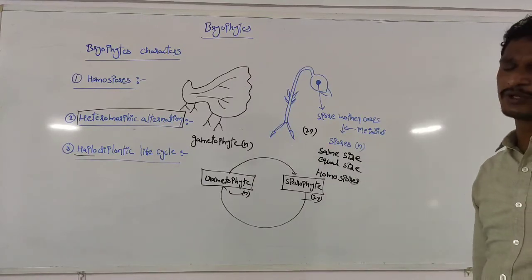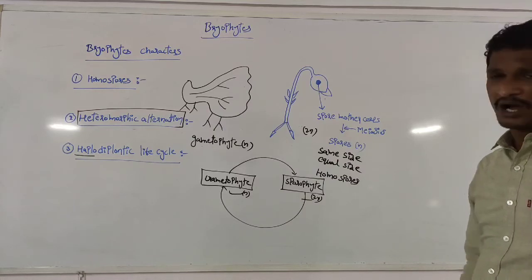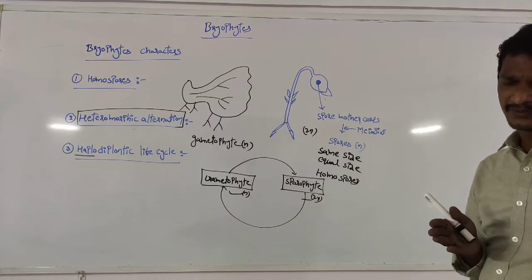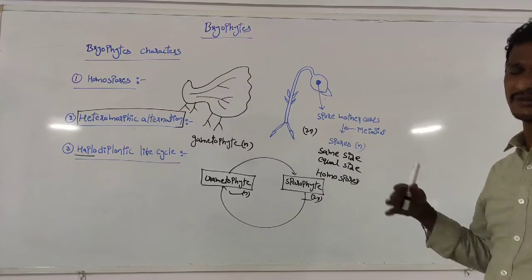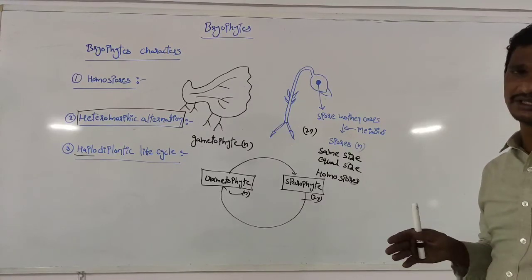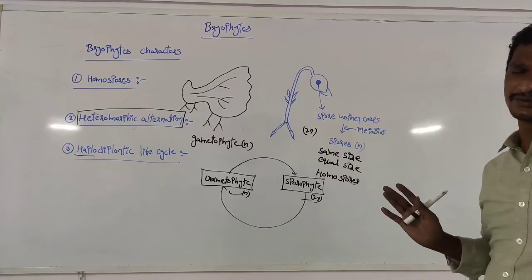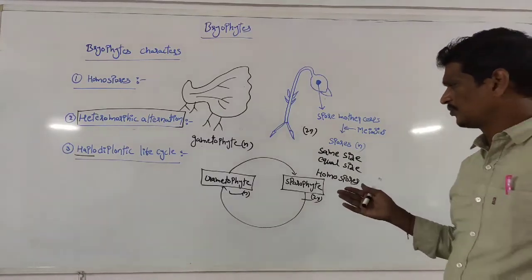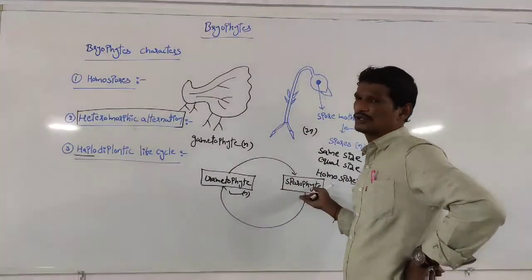The last one is the haplodiploidic life cycle, because certain life cycle stages are n and certain stages are 2n.